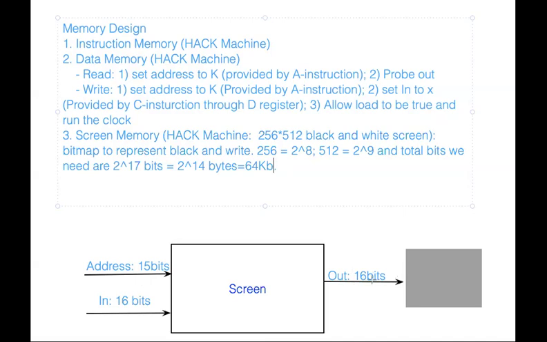So one line here will be 16. But the bytes is 64 kilobytes, so the address is 15 bits, 14 is okay, so I can cover it. This is the screen, and the screen looks like this.